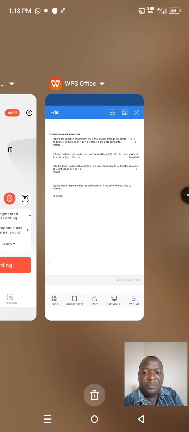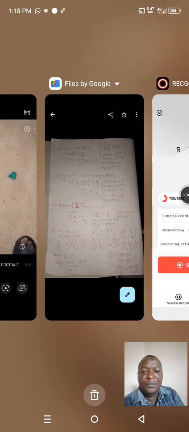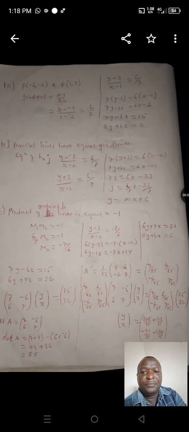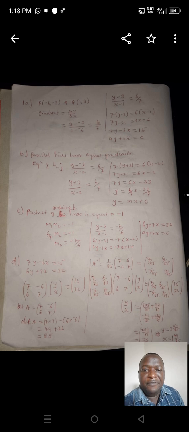Now, for us to be able to solve this question, we have been given points P as (-6, -3) and Q as (1, 3). So we need to find the gradient of this line, and the gradient is given by change in y over change in x.